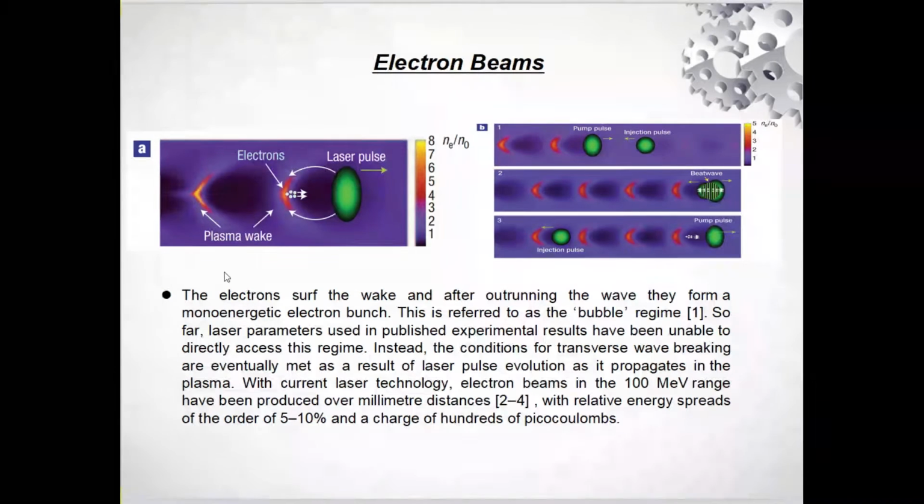In the first mechanism, here in figure A, a single laser pulse is used to drive the wake field to large enough amplitude such that electrons are injected into the rear of the first wake oscillation through the transverse breaking of the plasma wave.